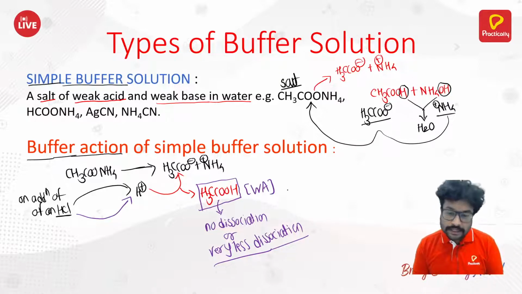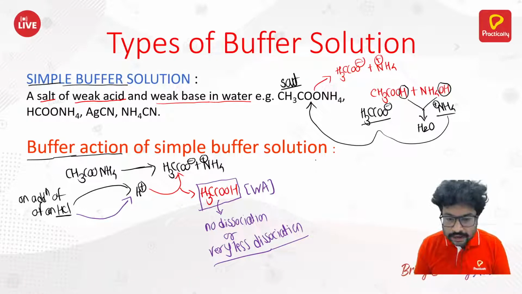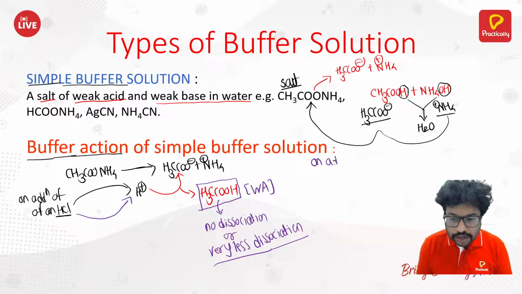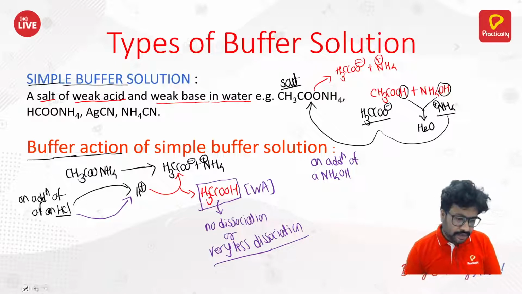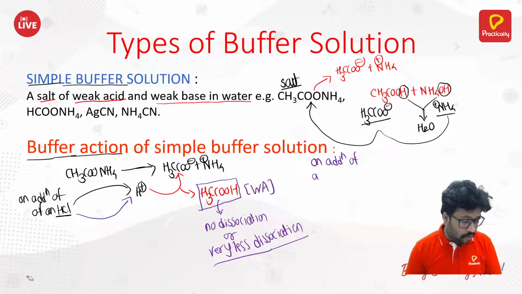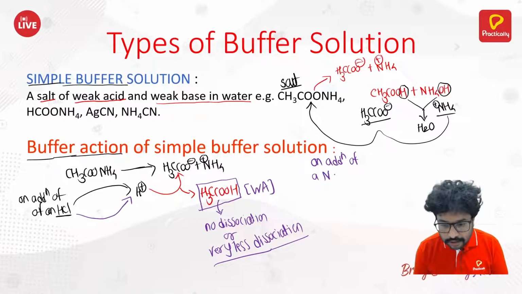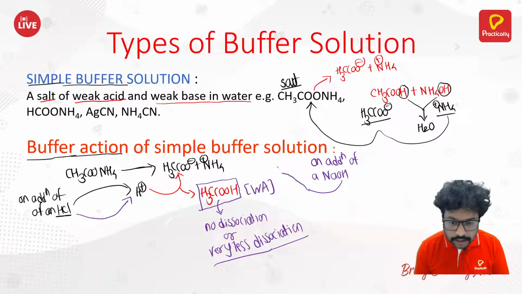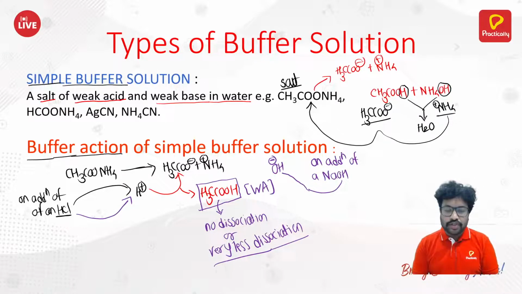Okay, now the second case. What happens on addition of a base? Sorry, not NH4OH, my bad. Take any base that you want. Suppose you take NaOH, a strong base. NaOH would give you OH minus. Now OH minus has a negative charge.